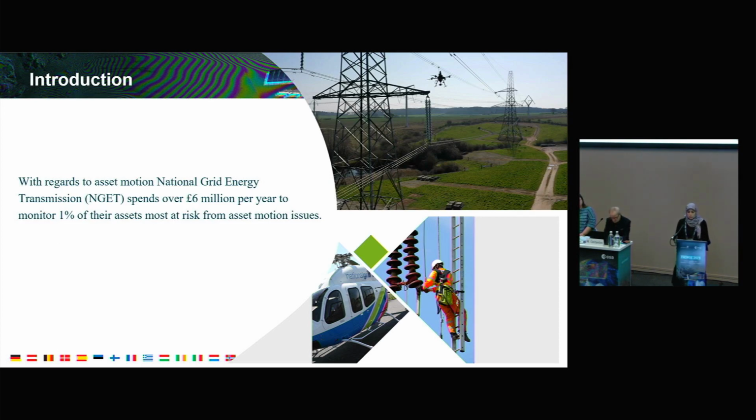So in order to prevent this, National Grid conducts their own invasive analysis annually to monitor the assets most at risk of movement. It costs over £6 million per year for monitoring only 1% of their assets.